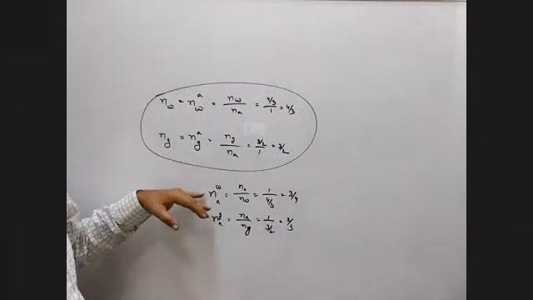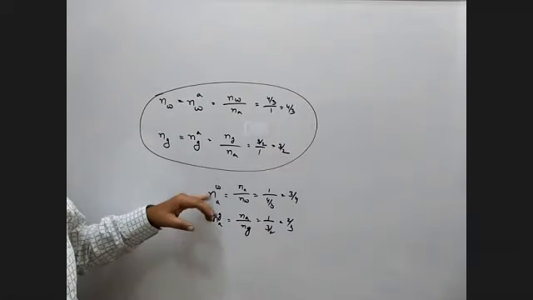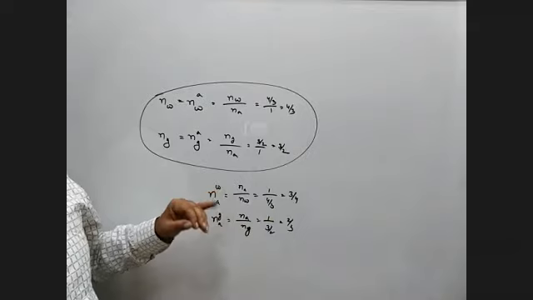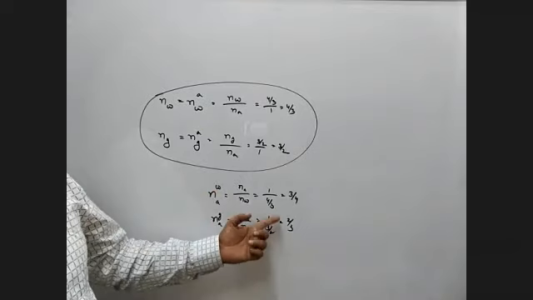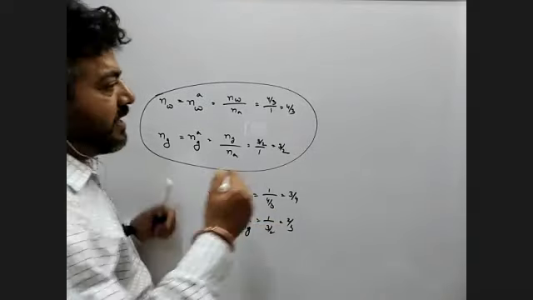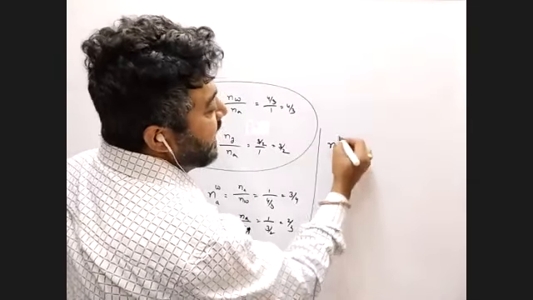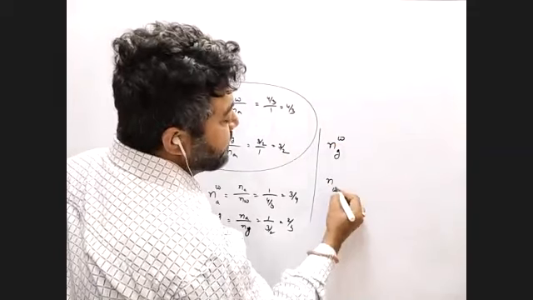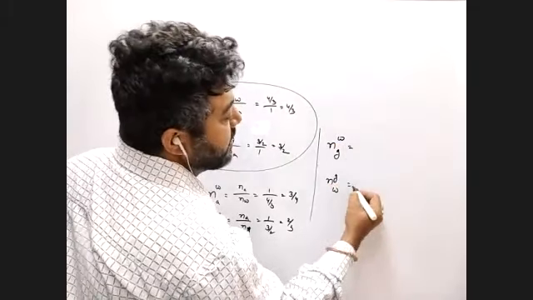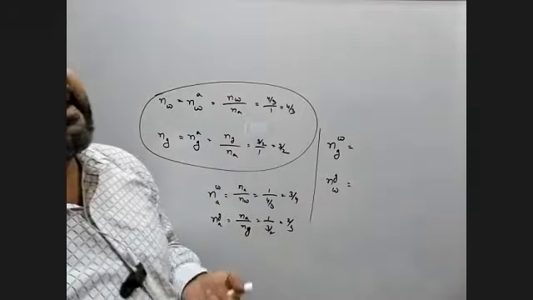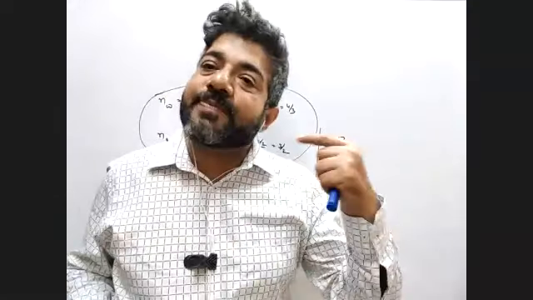Like see, refractive index of air with respect to water is less than 1. Refractive index of air with respect to glass is 2 by 3. Now, suppose not only this one, refractive index of glass with respect to water, refractive index of water with respect to glass, if we compare, then now we remove the air, we have to compare glass with respect to water.